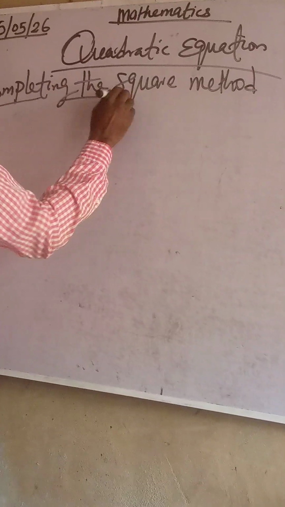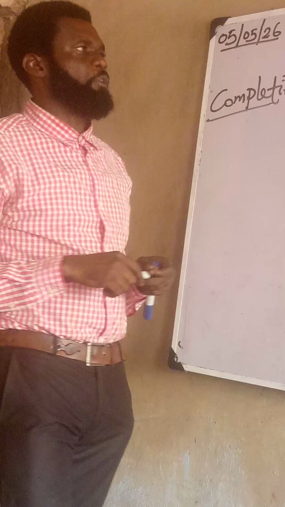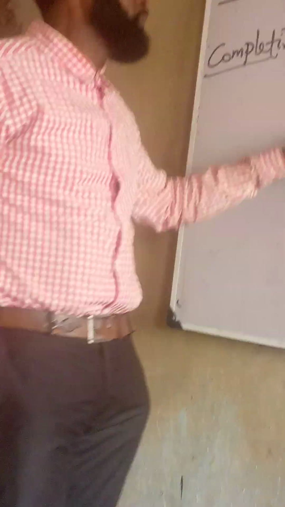How to use this particular method to solve a quadratic equation. I'm going to show you the steps, the process it takes to solve it. These steps are principles which you have to follow if you want to use this method to solve a quadratic equation.